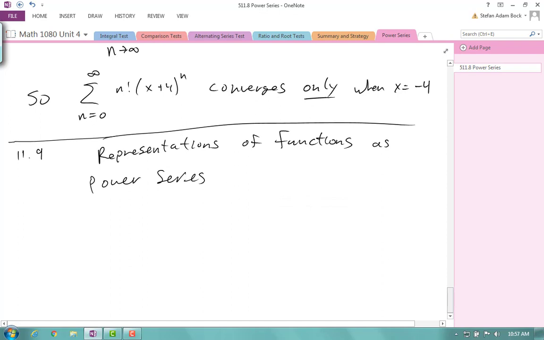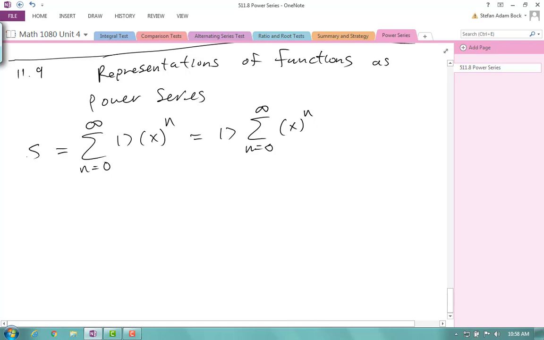Now, if I had a very simple power series where my coefficients were just constant, if I had 17 times x to the n, well, this is basically a geometric series now.